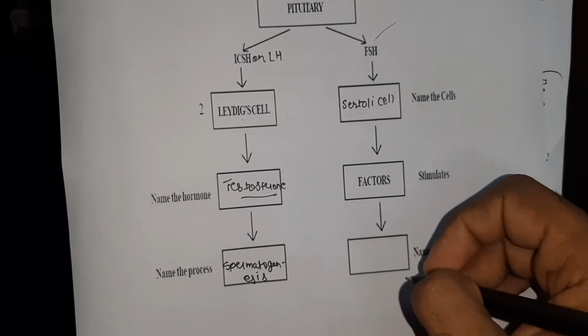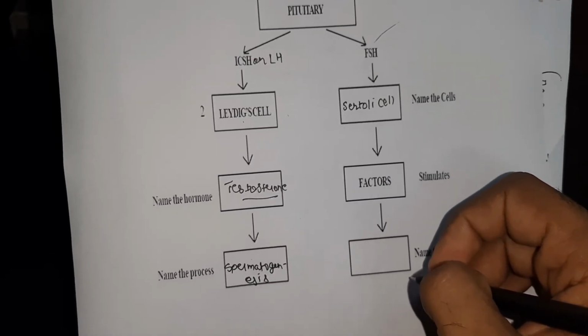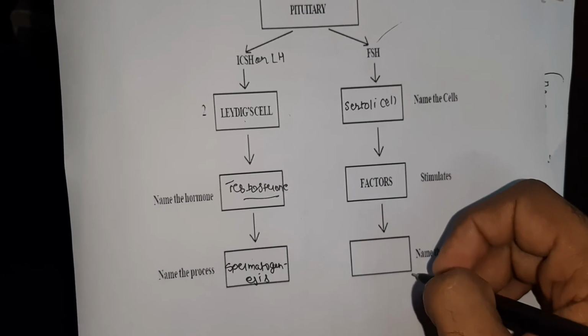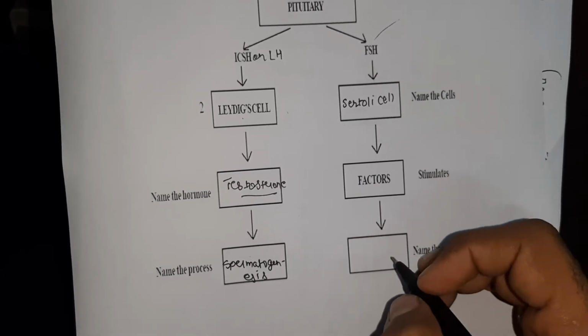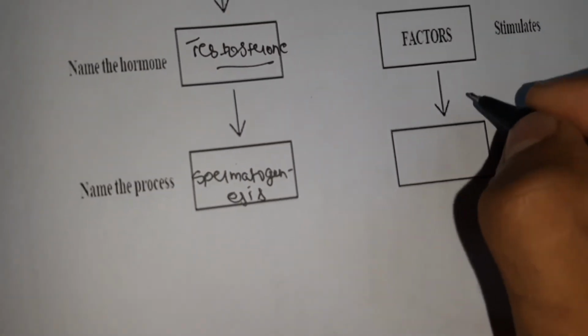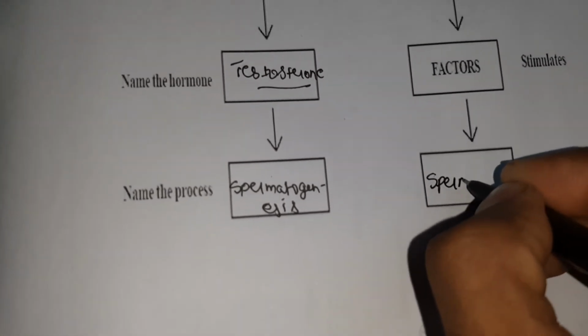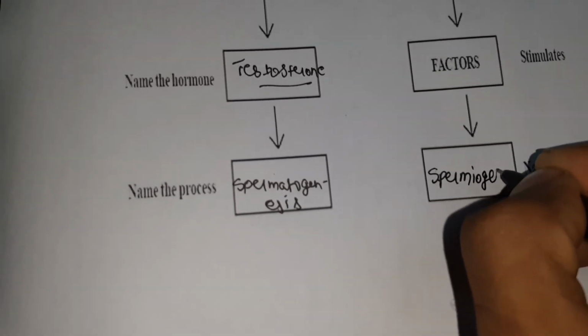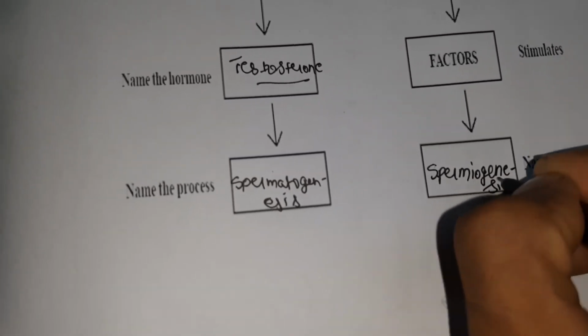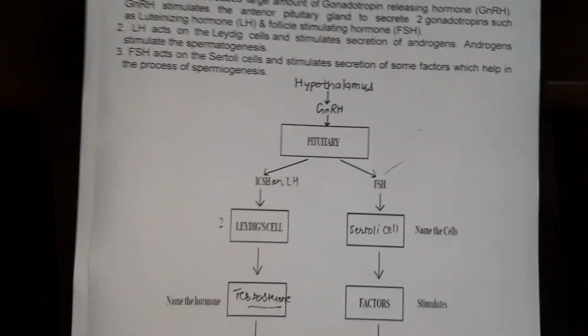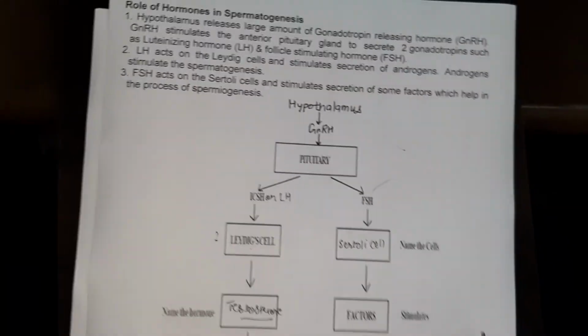And we have already discussed that the transformation of spermatids into spermatozoa is known as spermiogenesis. So this is the role of hormones.